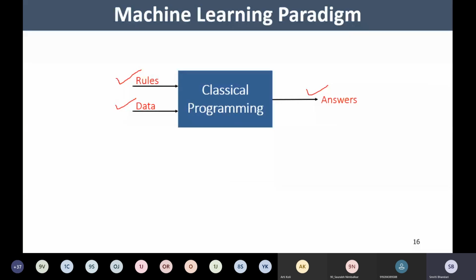So it is very important to segregate our emails, to identify which email is spam and which is non-spam. So let us assume that we would like to use a classical programming technique to detect spam emails.